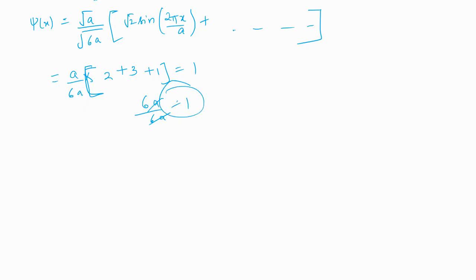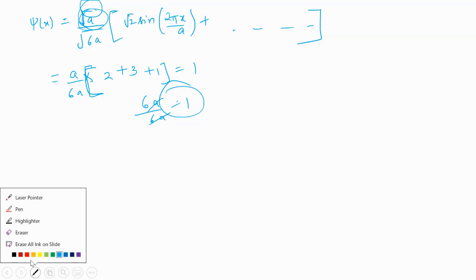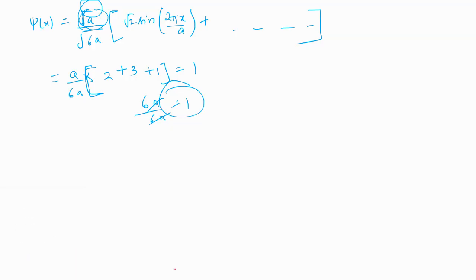So that means this is the normalizing factor, you should write root a. So the wave function now has root a upon root 6a.